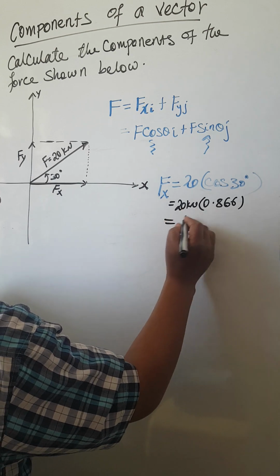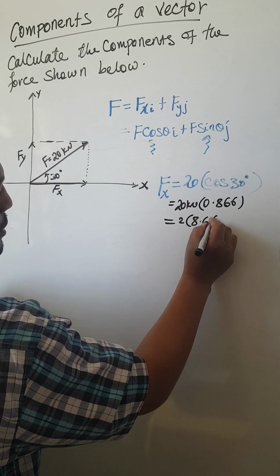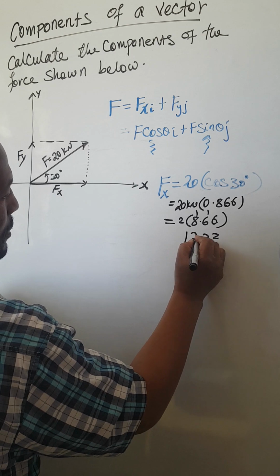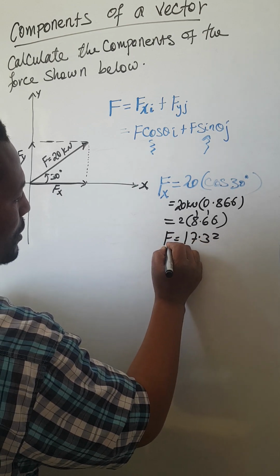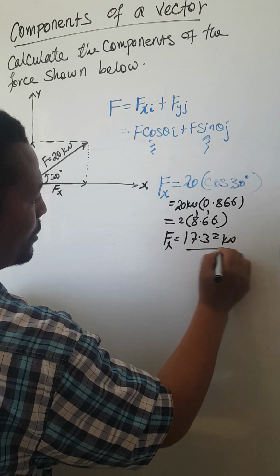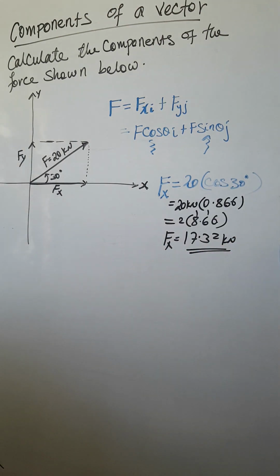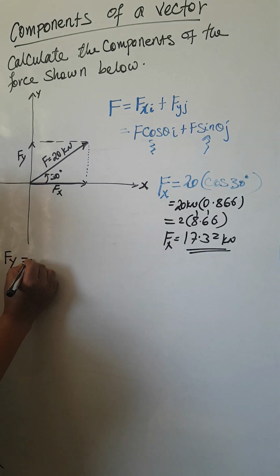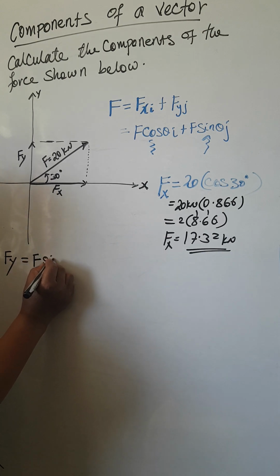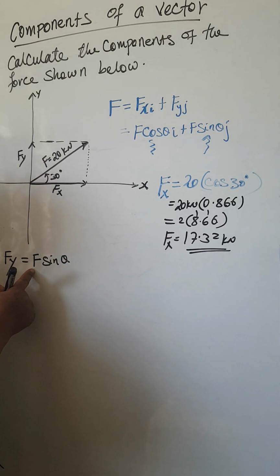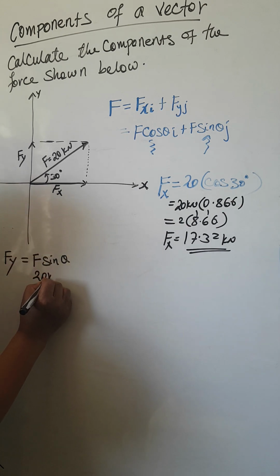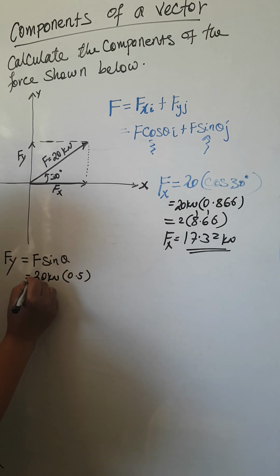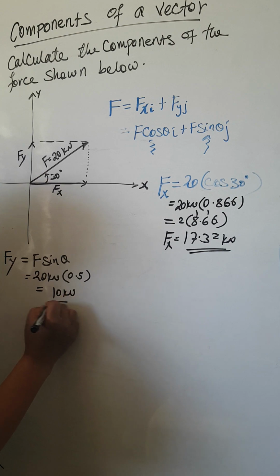This is 2 times 8.66, which gives 17. So Fx is equal to 17 kilonewton. In the same manner, Fy is equal to F sine theta. F is 20 kilonewton, and sine of 30 degrees is 0.5. This is equal to 10 kilonewton.